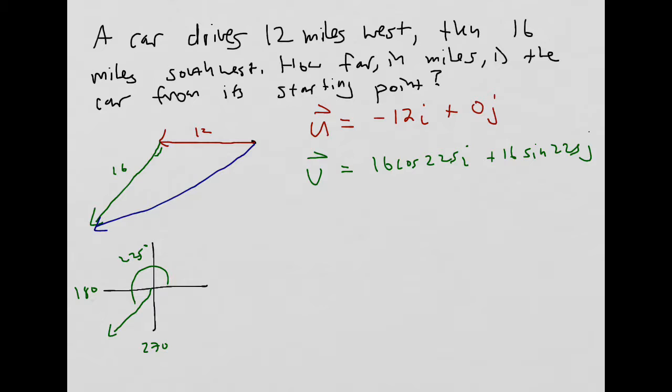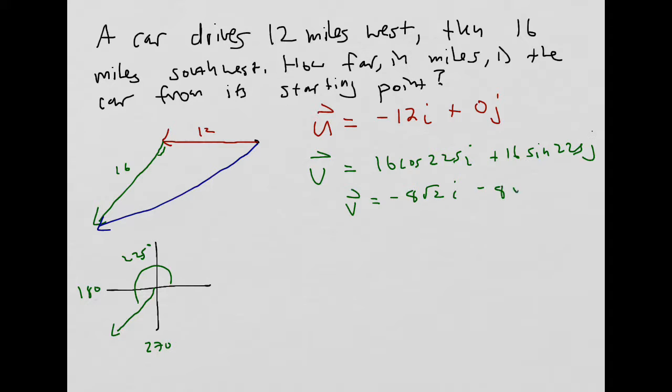Let's calculate this. We know what the cosine of 225 degrees is. It's negative radical 2 over 2. So I'm just going to write the answer here: negative 8 radical 2 i, minus 8 radical 2 j. And that is the components of the green vector v.